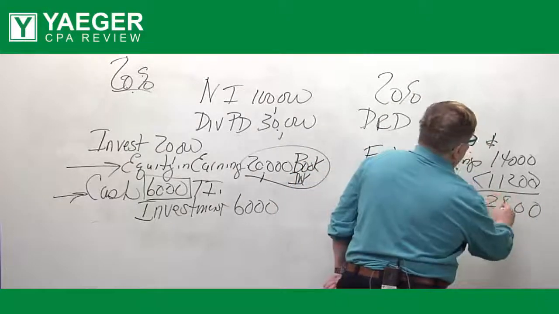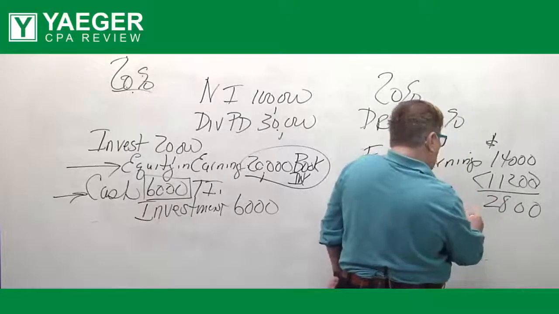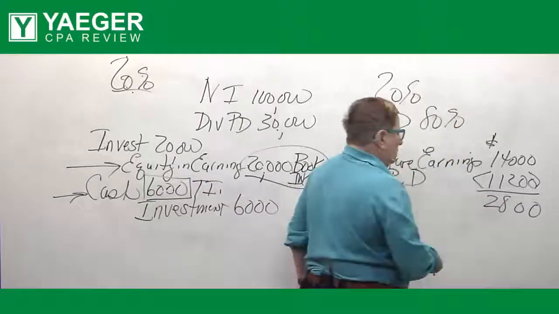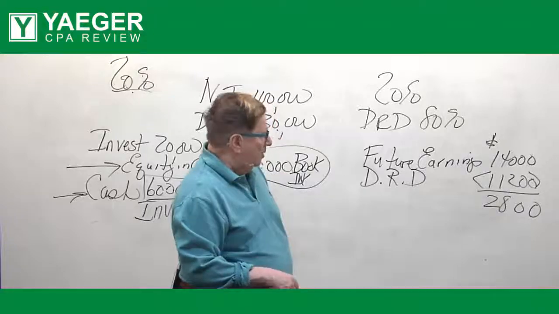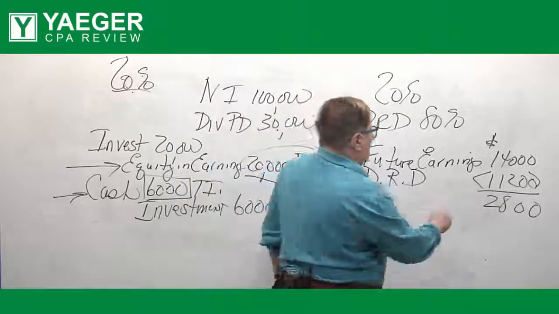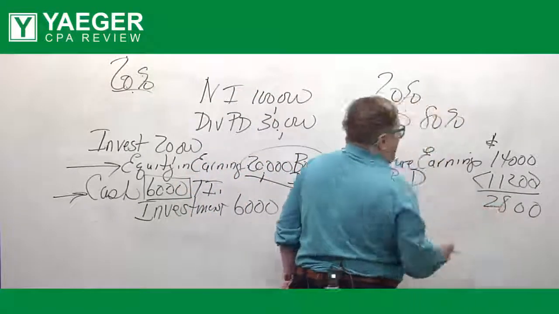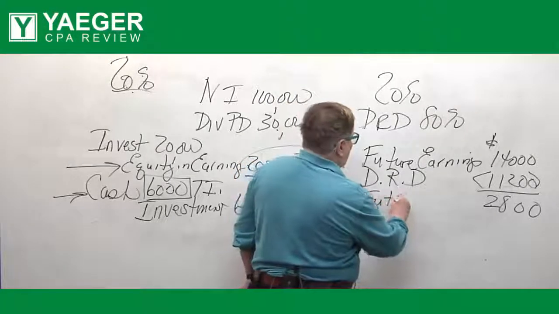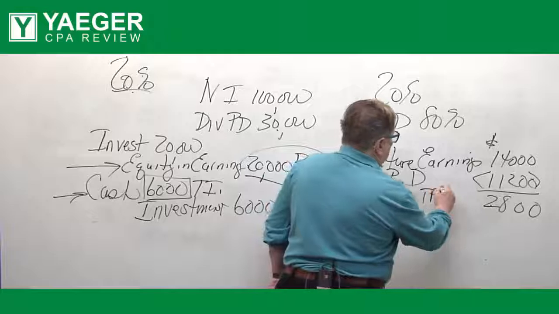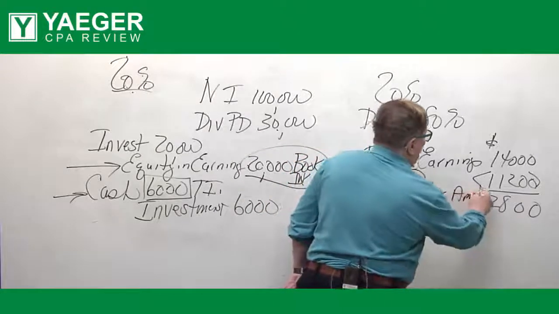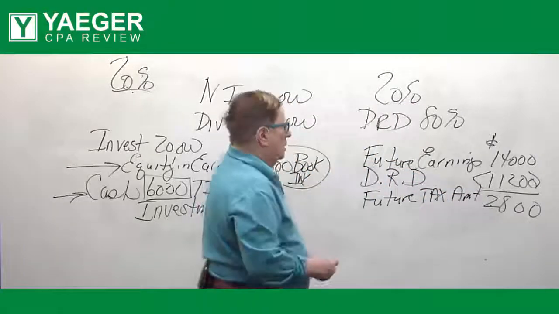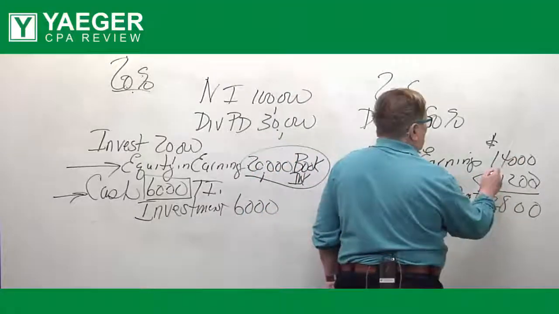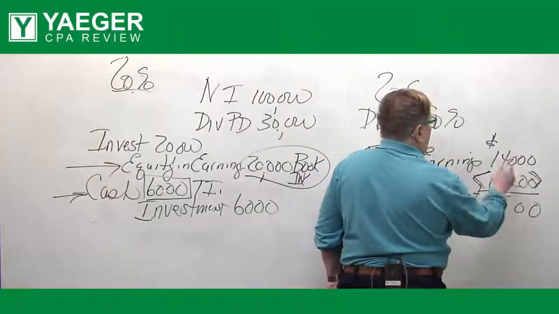So the amount in the future that will be taxable will be a future taxable amount of $2,800. So I've got the future earnings of 14. The dividend received deduction is 80% of that, 11.2.